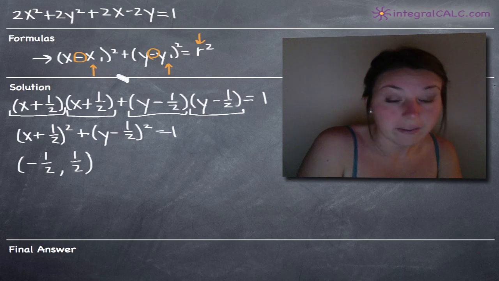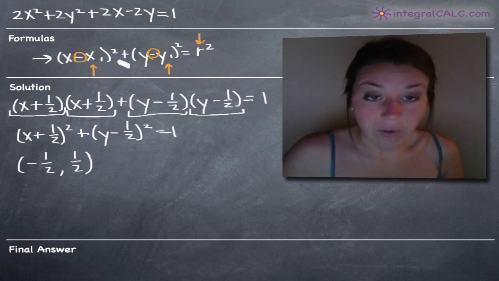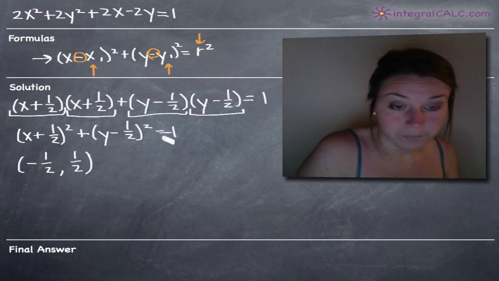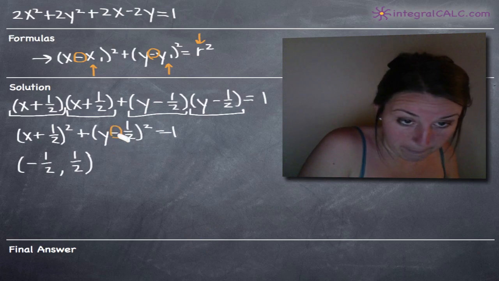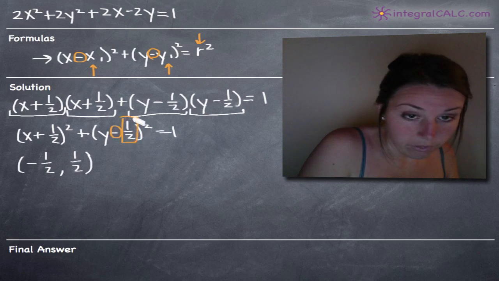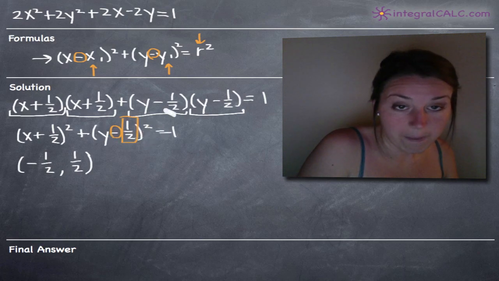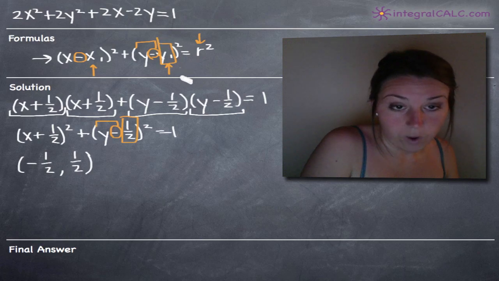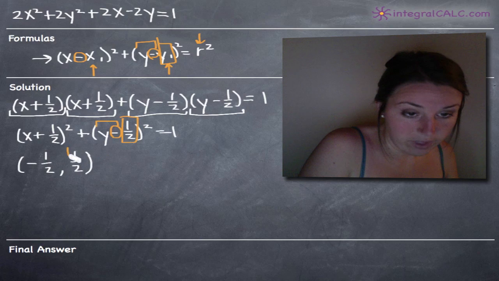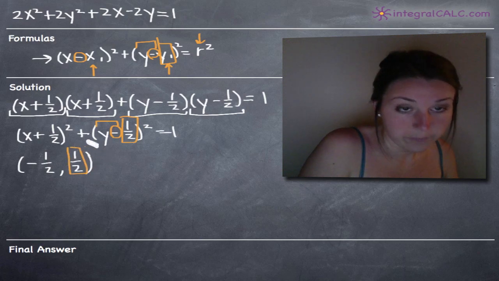It's x minus x sub 1 and y minus y sub 1. So in the case of y down here, we've got y minus 1/2. So we can just grab the 1/2, because we've got y minus something here and y minus something here. We grab y sub 1 here and we get 1/2, and that's why we put 1/2 right here.